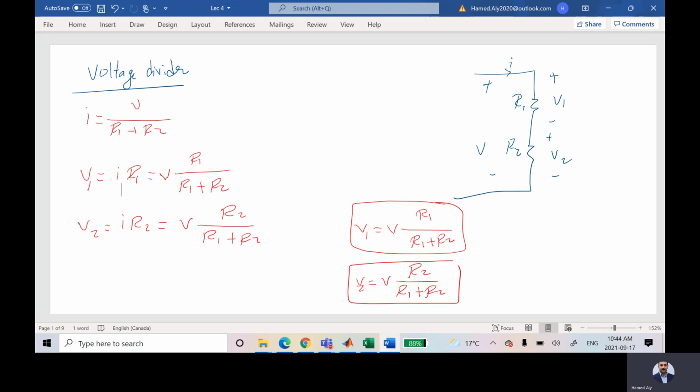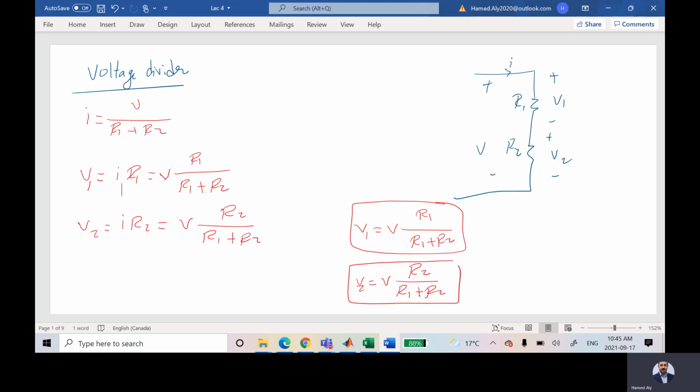If you try to make a comparison between the current divider and the voltage divider: for the voltage divider, V1 across R1 is equal to V times R1 divided by R1 plus R2. But for the current divider, I1 is equal to I times R2 divided by R1 plus R2. Are you seeing that, guys?